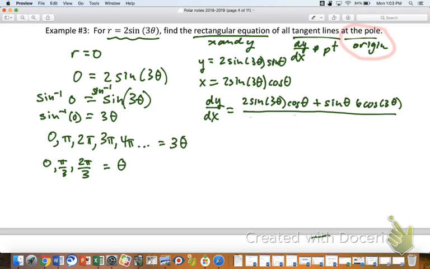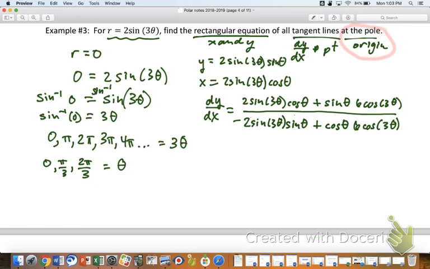Let's redo that, because one of them is 3 theta and the other one's not. So it'd be 1 d2 plus 2, and then d1 would be back to 6 cosine 3 theta. Is this making sense to you guys? I'm just going over a few details with this.